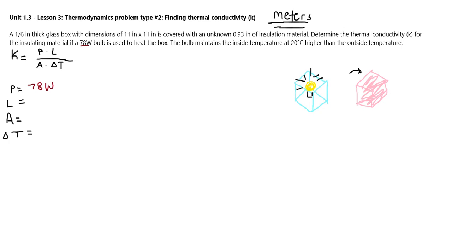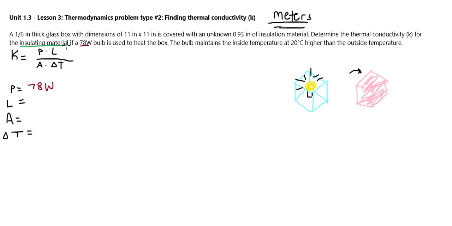And then what's the L? Well, L is thickness. Do we have a thickness? We do. So something is trying to throw you off in this problem. You might think, because you see that word thick, oh, 1/6 inch. No. We're not just looking for the thermal conductivity of something random. Notice that it says for the insulating material.